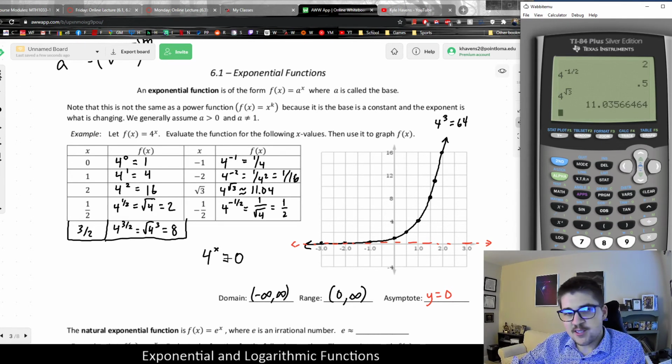And actually, it's very similar to quadratics and polynomials, because technically, let's say I was to try to solve the equation 4 to the x is equal to -1. These sorts of equations actually do have solutions, much like x squared equal to -4. It's a very similar phenomenon, but when we try to solve things like this, we end up with imaginary answers.